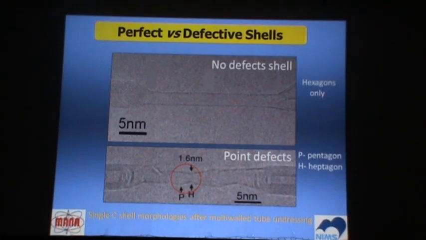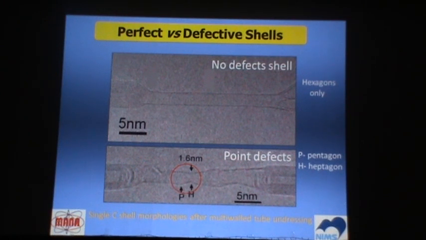And these high-resolution images show you that, in fact, we have a single layer of graphite or graphene, or a single-shell carbon nanotube in the center, but sometimes the shell is not very perfect after this undressing, because it's rather a hectic technique. And sometimes we have some defects, pentagons or heptagons. These defects are very easily seen by high-resolution imaging.